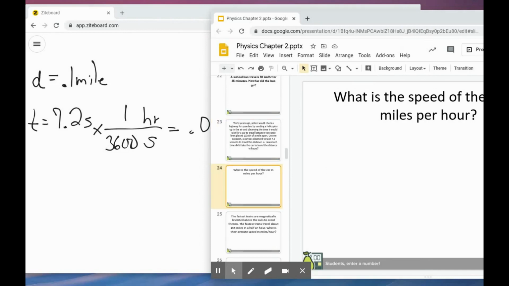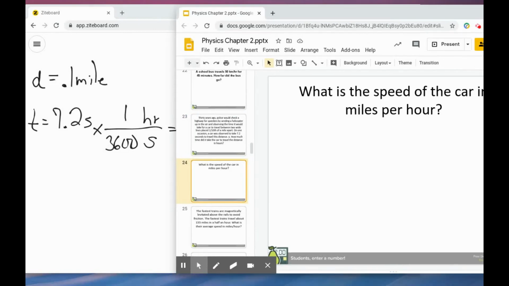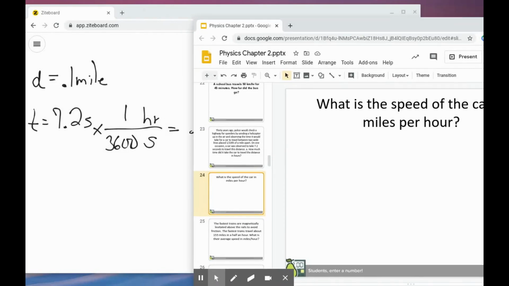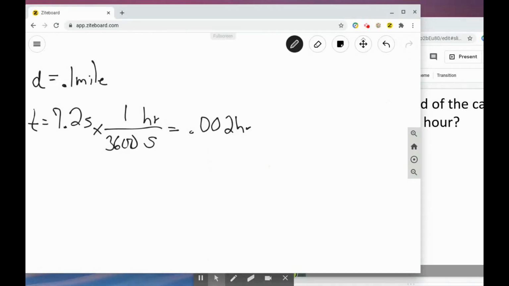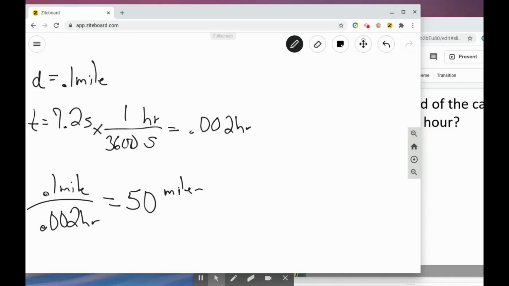If we look at the next question, it says, what is the speed of the car in miles per hour? So if we've got a distance of 0.1 mile and a time of 0.002 hours, if we divide that out, we get 50 miles per hour.